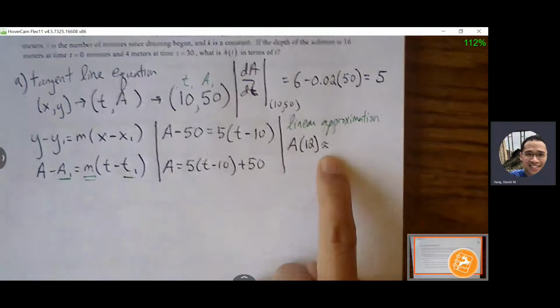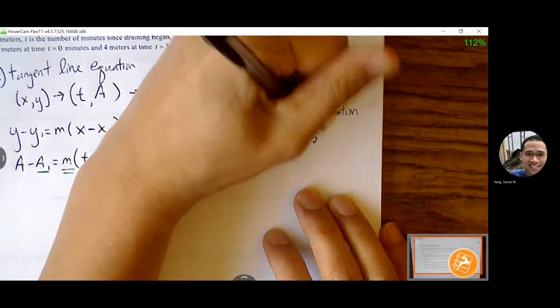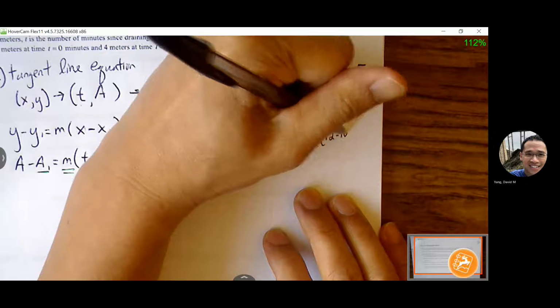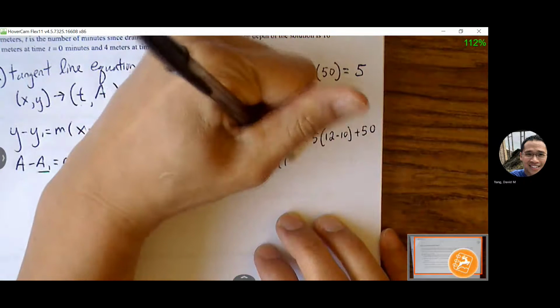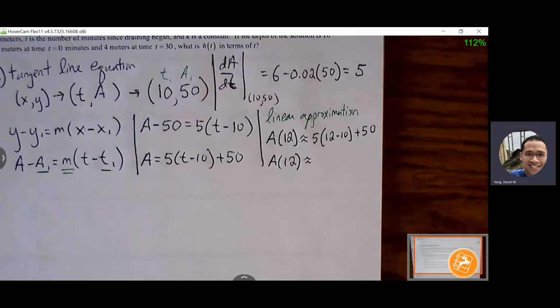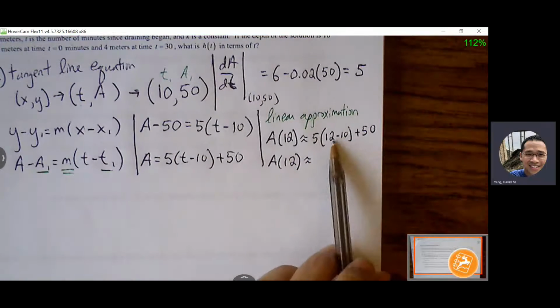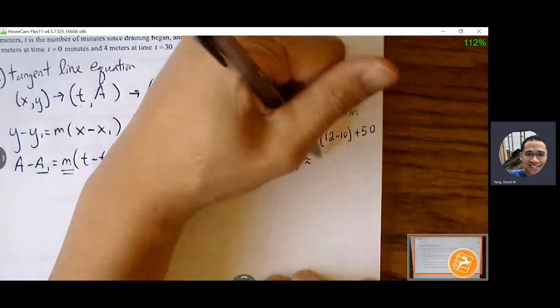It's an approximation, so I'd use that squiggly line there. Use our calculator or just work this out by hand. 12 minus 10 is 2, 2 times 5 is 10, 10 plus 50.